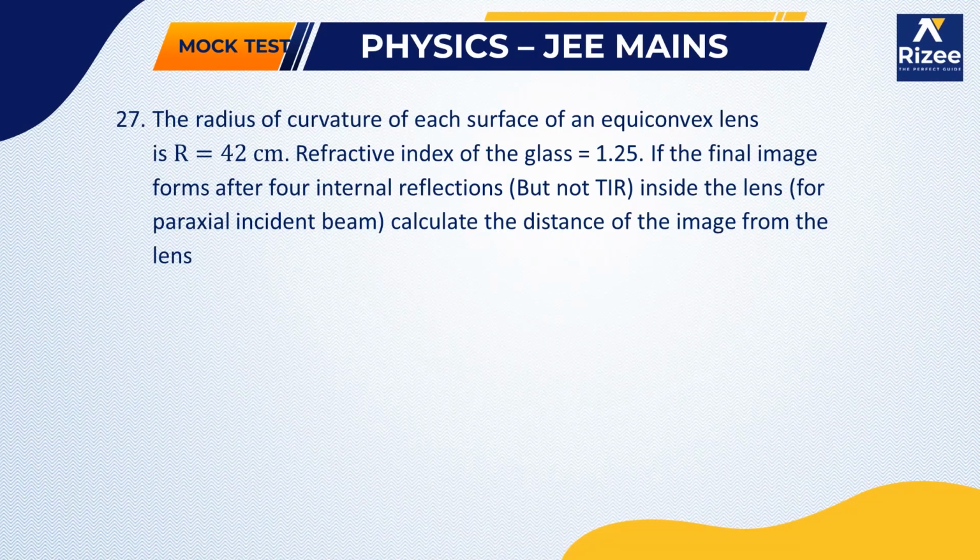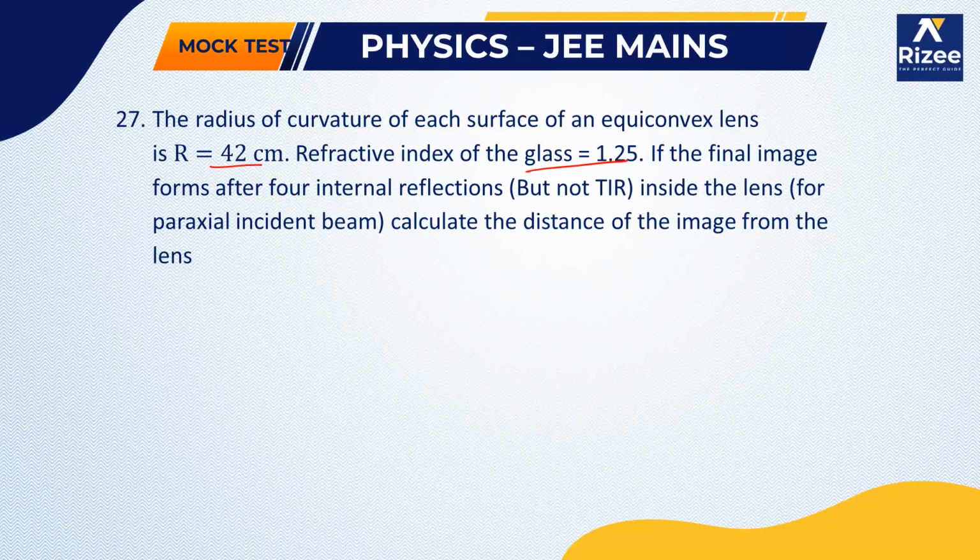The radius of curvature of each surface of the equiconvex lens is provided. The refractive index of the glass, that is mu, he has given as 1.25.